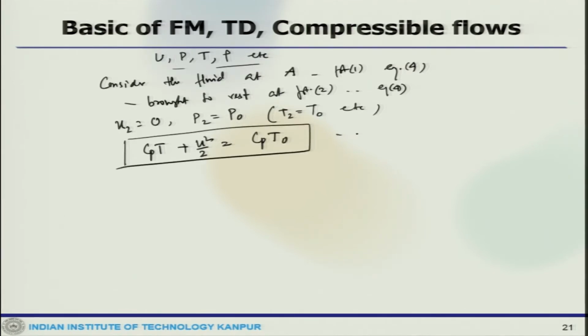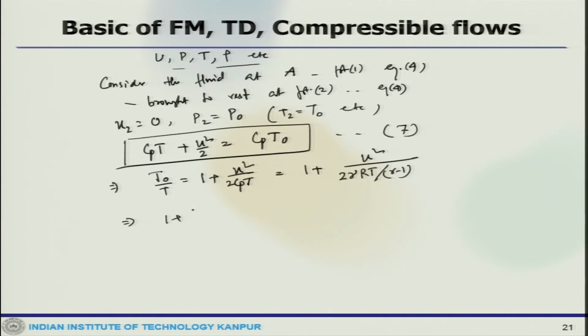So, that is what you can write, and you can further simplify. T naught by T is 1 plus U square by 2CpT, which is 1 plus U square by 2 gamma RT by gamma minus 1.